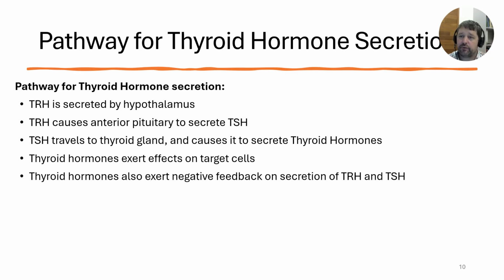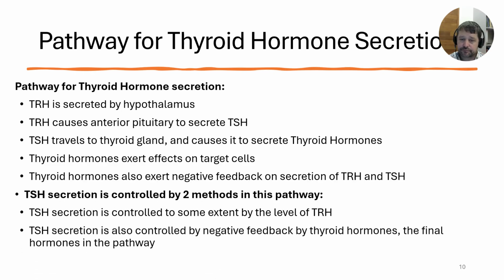Those thyroid hormones would then go to target cells and entice the target cells to do whatever the specific hormone is going to entice. Of course, you have negative feedbacks at both the TRH and the TSH sides of it, so that can stop the action happening in the thyroid gland.